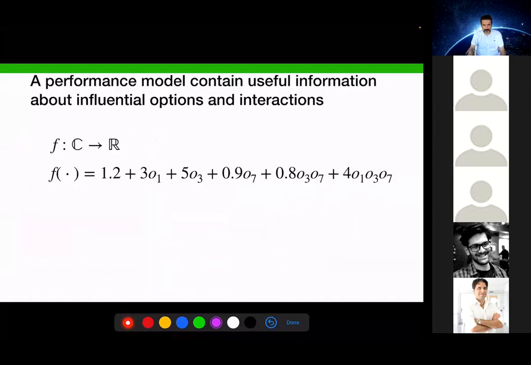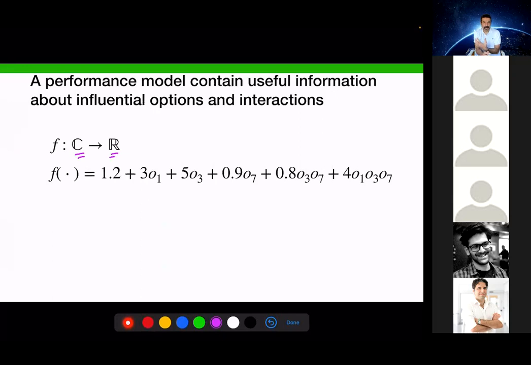And then when we call it a performance model, again, mathematically, this is easy to imagine. We can consider a performance model as a mapping from the configuration space to some real value.